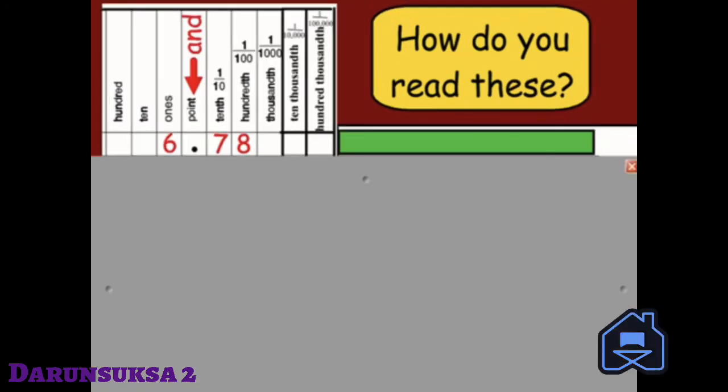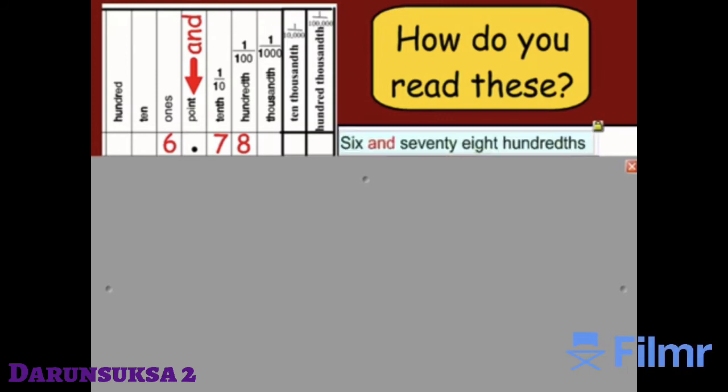Okay, let's add some whole numbers to the mix. Now you'll notice, or maybe you didn't notice, but in those last decimals that I read, I didn't use the word and. And indicates a decimal, and we have some whole numbers here. So this first one would be 6 and 78 hundredths.